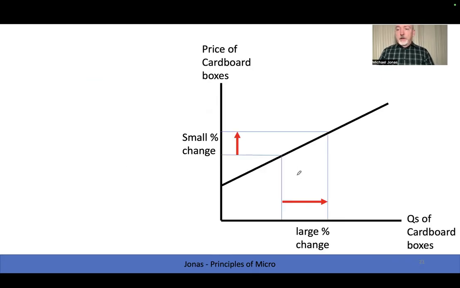The visual on that is going to be, to put it in vague mathematical terms, a relatively flat supply curve, which would indicate, looking at the slope, the rise over the run, that the change in price is going to be relatively small compared to the change in quantity that results.